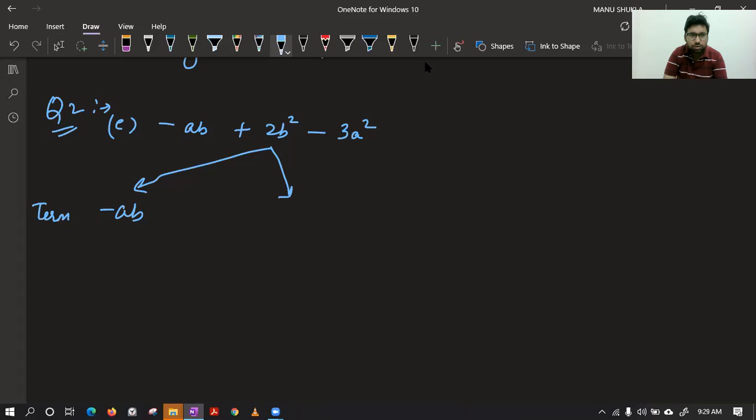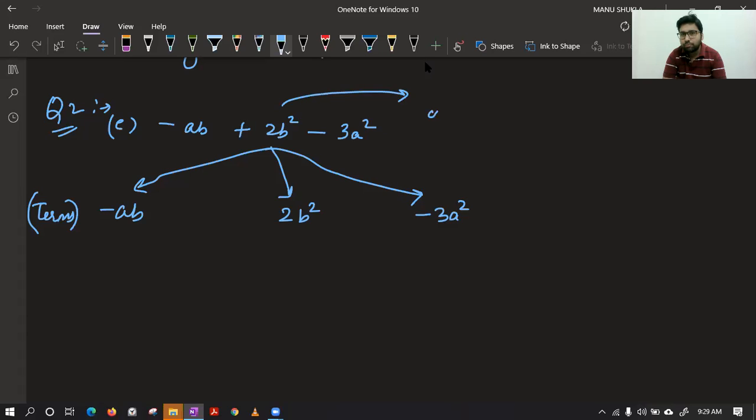The second term is 2b square and the third term is minus 3a square. If you have any confusion, you can write the question as minus ab plus 2b square plus minus 3a square. Now it will be easy for you to understand.